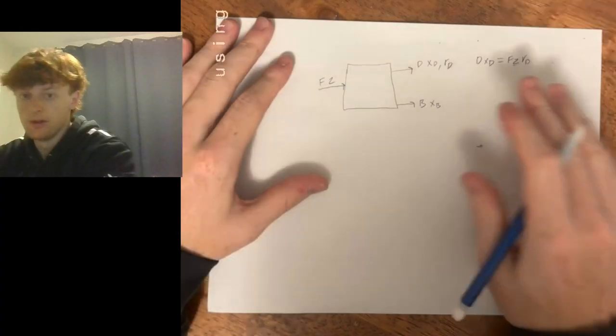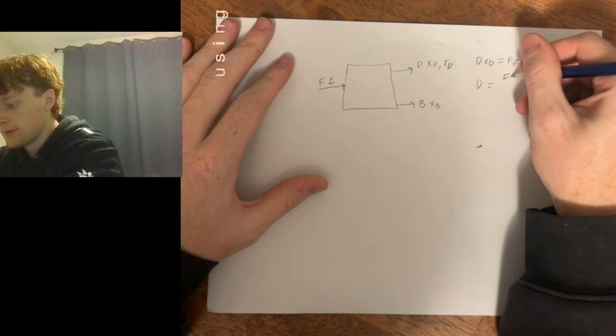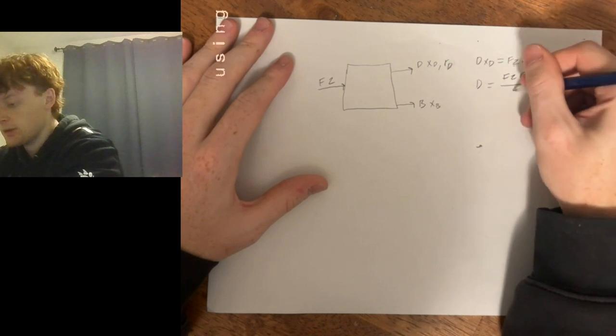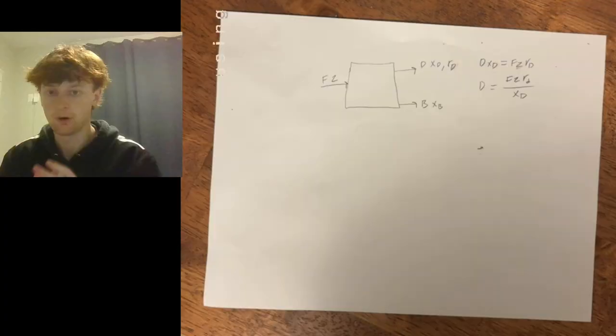Then we solve for D to get our distillate flow rate, and that equals F Z RD over XD. That's the derivation for how we find our flow rate if our knowns are the feed, Z, the composition of the feed, the recovery rate, and the composition of our distillate.